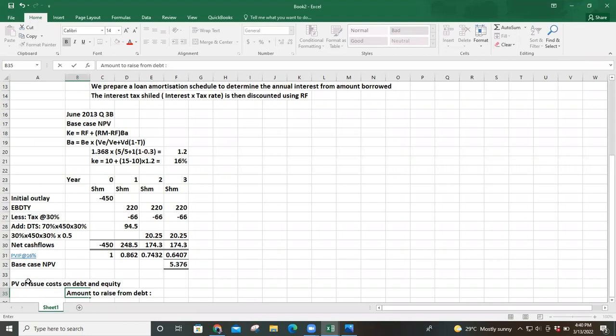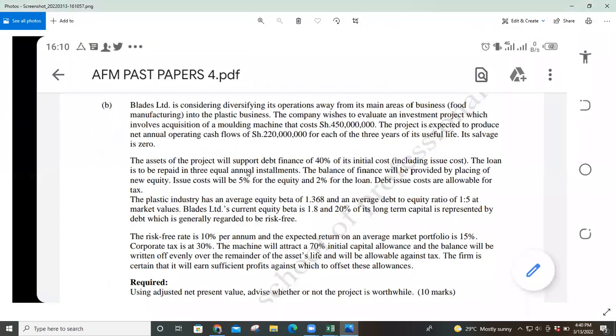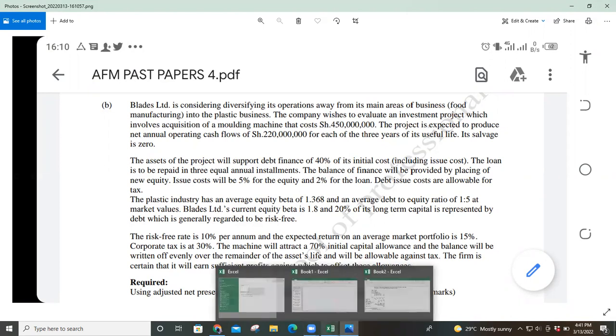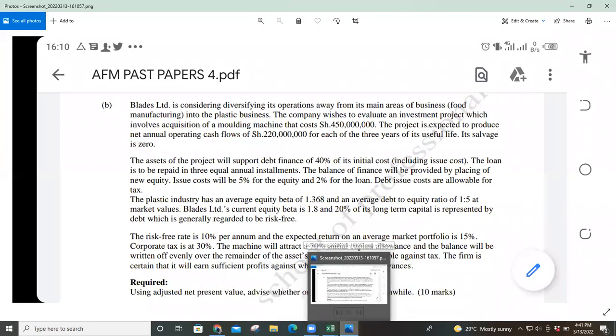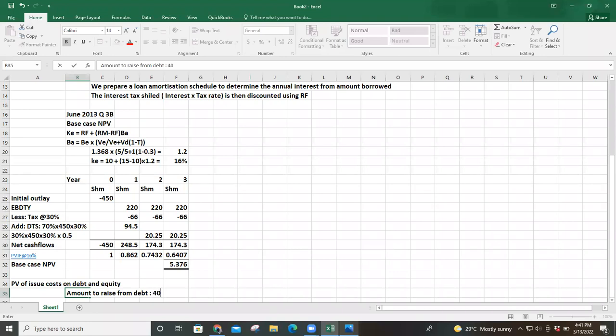We're told that the assets of the project will support debt finance of 40% of the initial cost. The amount raised from debt becomes 40% of 450, that is 180 million.